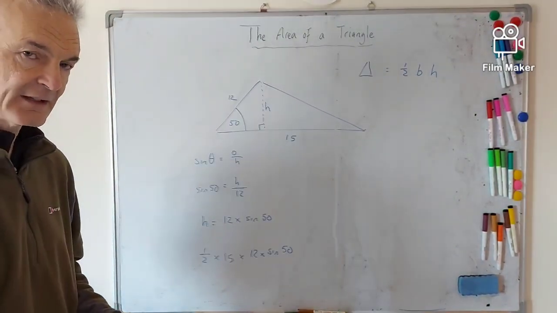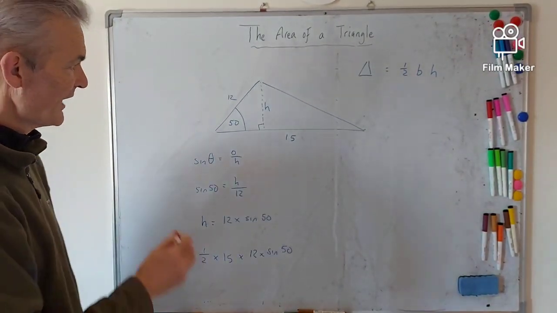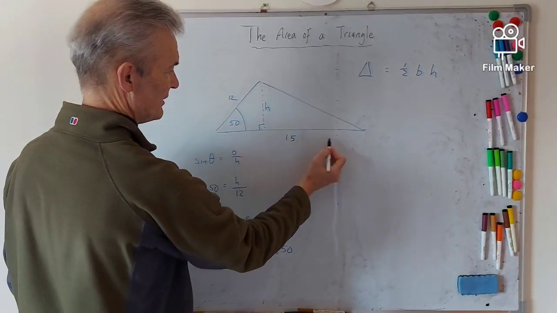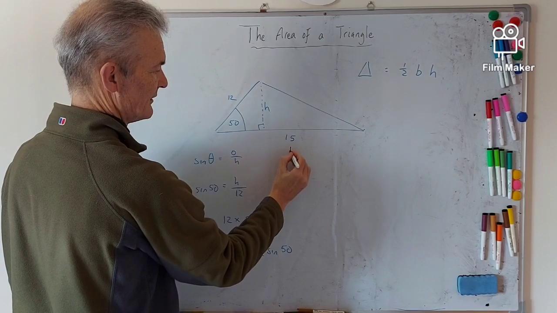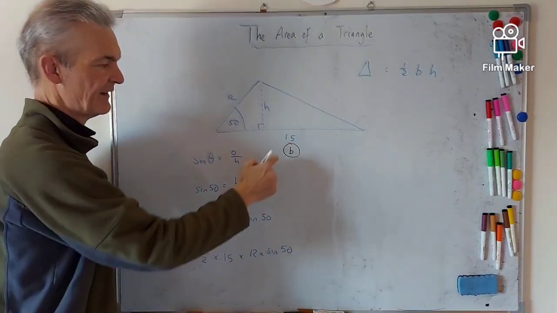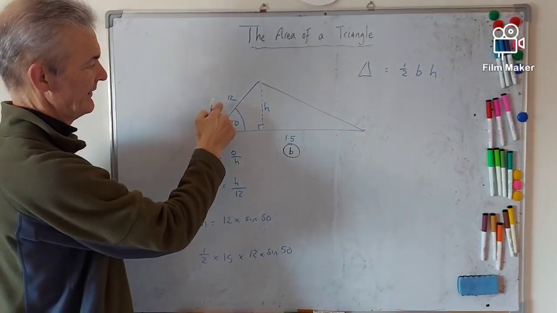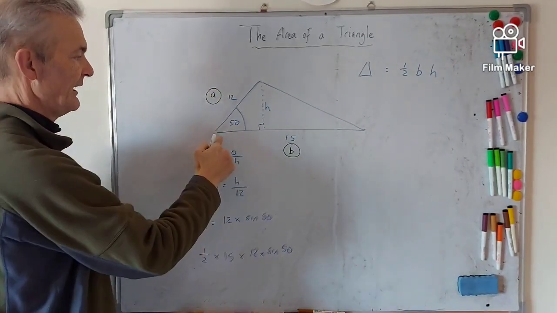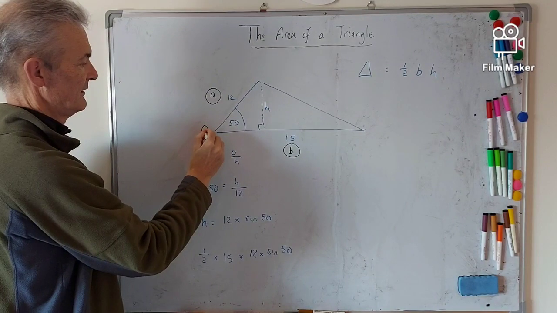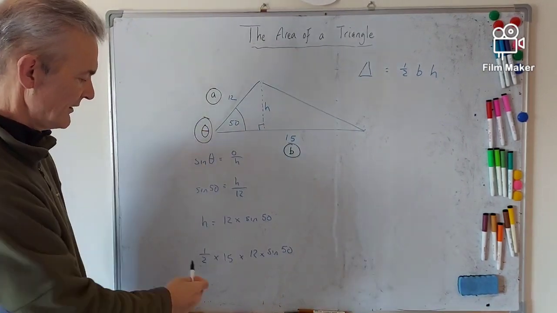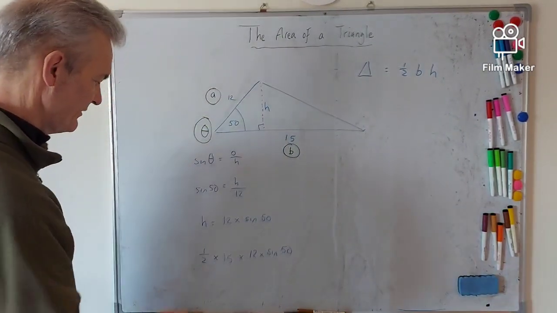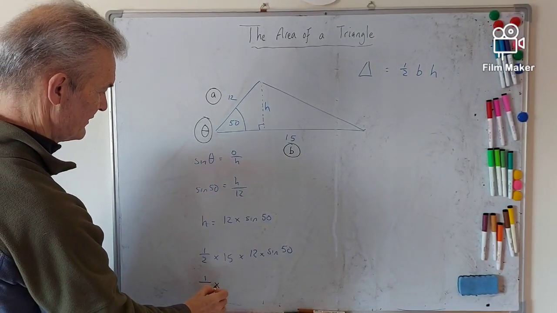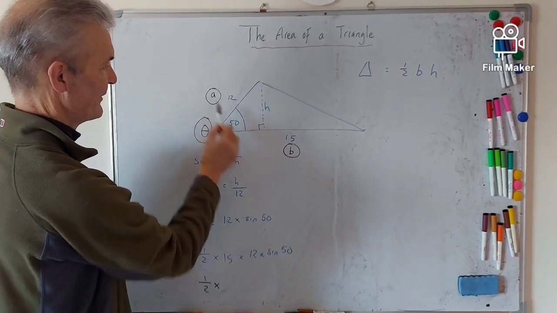Now let's just consider a general form of this triangle. Okay, I'm going to call this length here, I'll put it in a circle. Let's pretend that side is B, this side here is A, and this angle is theta. So how would that relate to what we've got here? Well, we've still got the half. We've got half times, should have written these the other way around, shouldn't I?